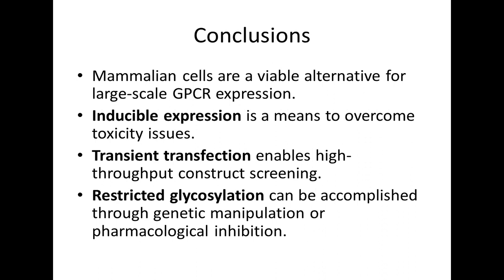Well, let me start off by saying that while we've had a lot more consistent success with HEK cells than with, say, insect cells, with the GPCRs that we've tried so far, I certainly can't make any guarantees that it's going to be a 100% universal solution.